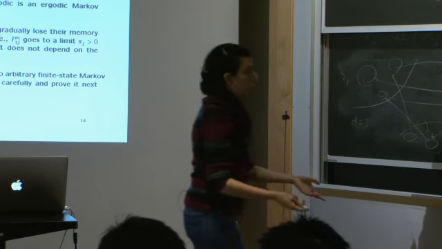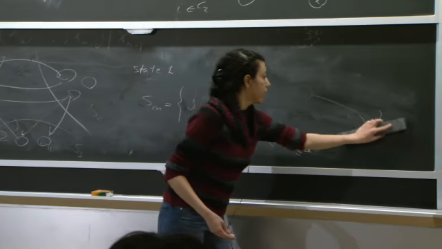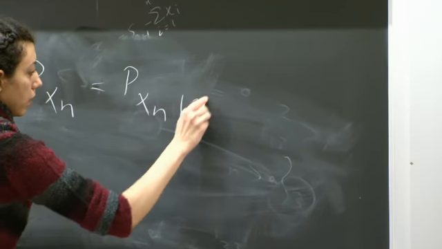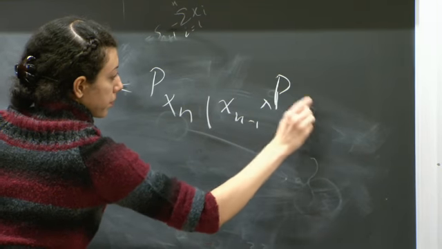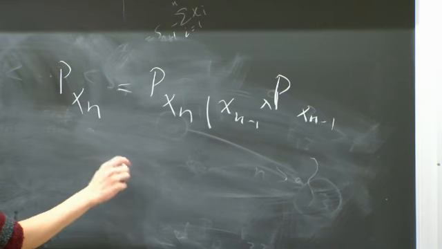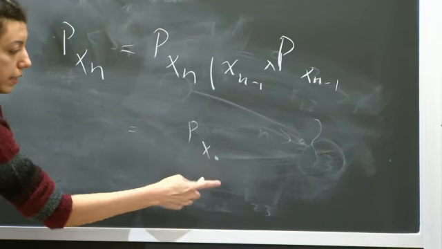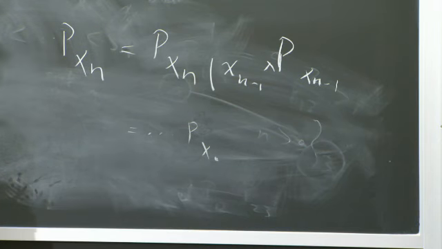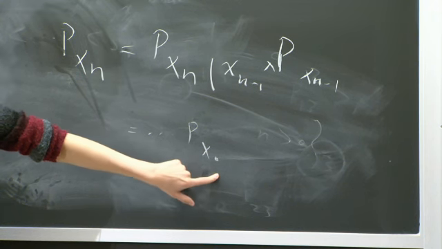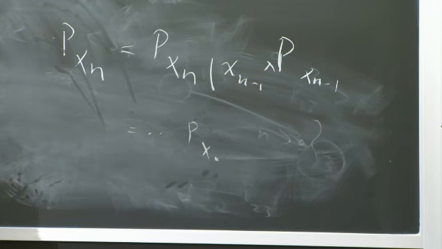Looking at the chain rule, I can find the probability distribution of X_n by looking at this thing, and recursively, it all depends on the initial distribution. Ergodic Markov chains have the property that after a while, this distribution doesn't depend on the initial distribution anymore. So they lose memory. And usually, we can calculate the stable distribution.